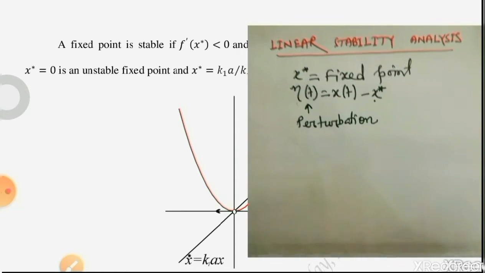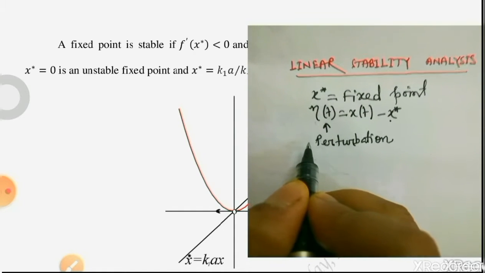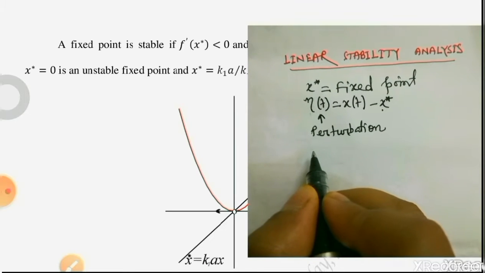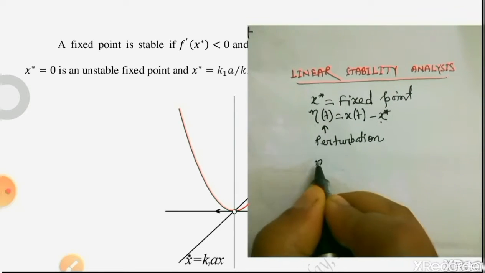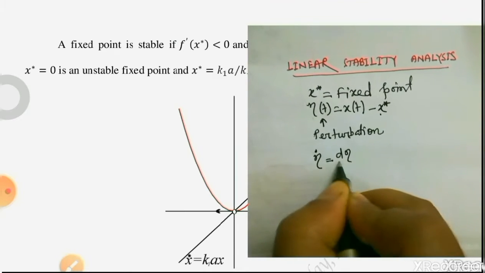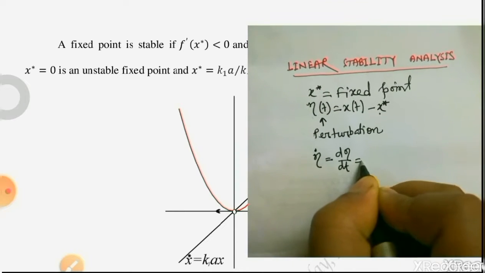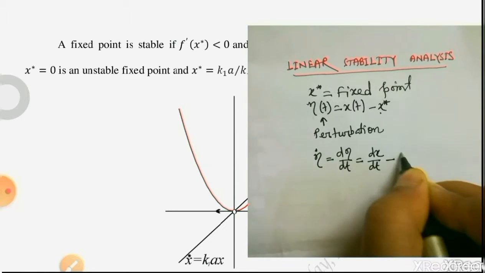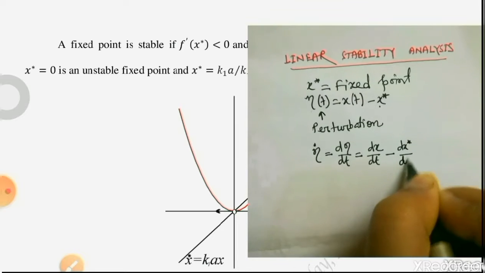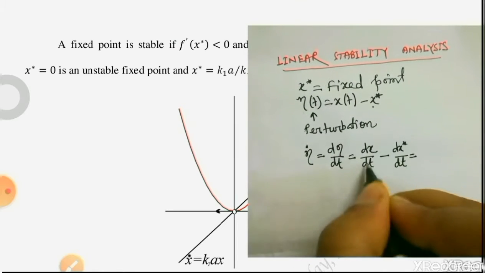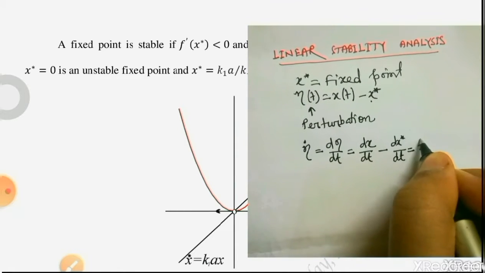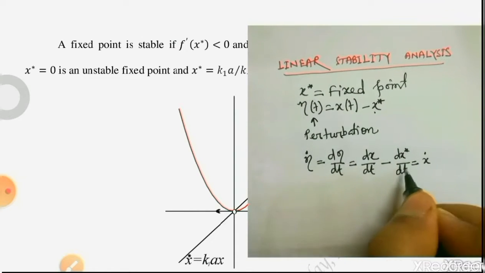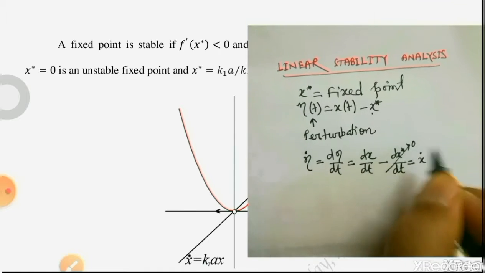We have taken eta t equal to x t minus x star. Let us take the time derivative of eta t, that is eta dot equals d eta by dt. This equals dx by dt minus dx star by dt, and dx by dt is x dot, and since x star is a fixed point, dx star by dt equals 0.